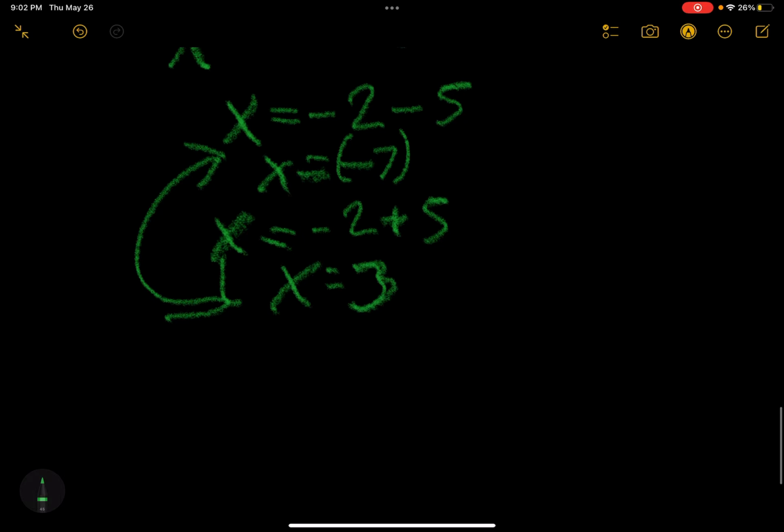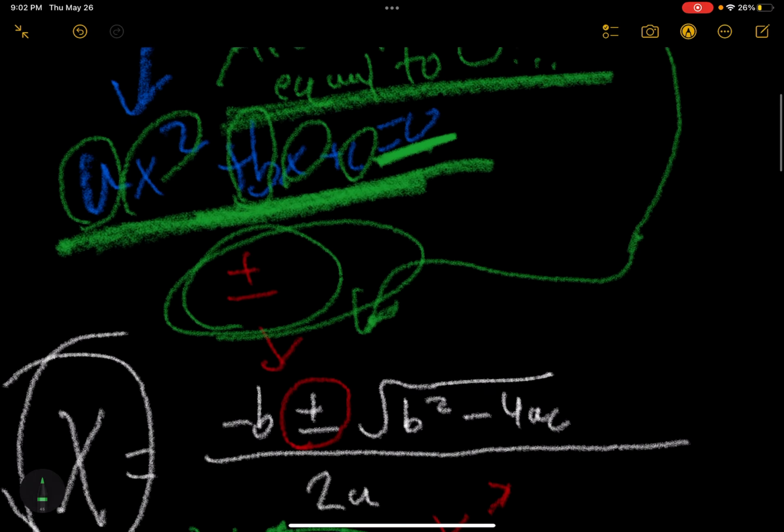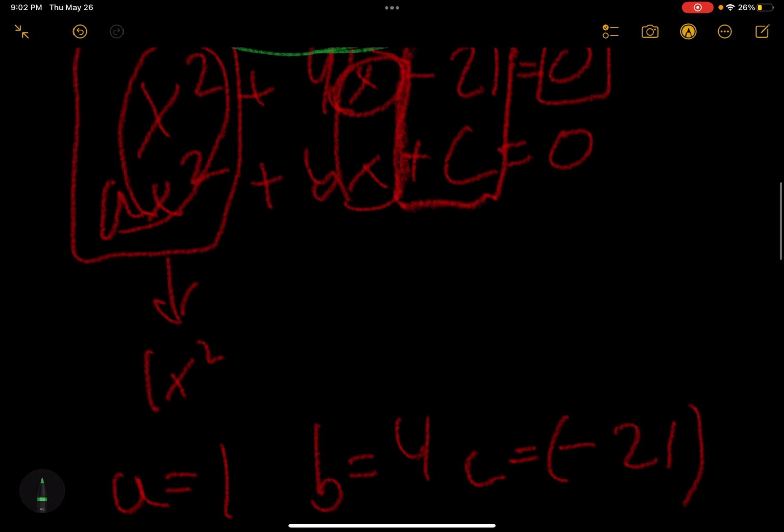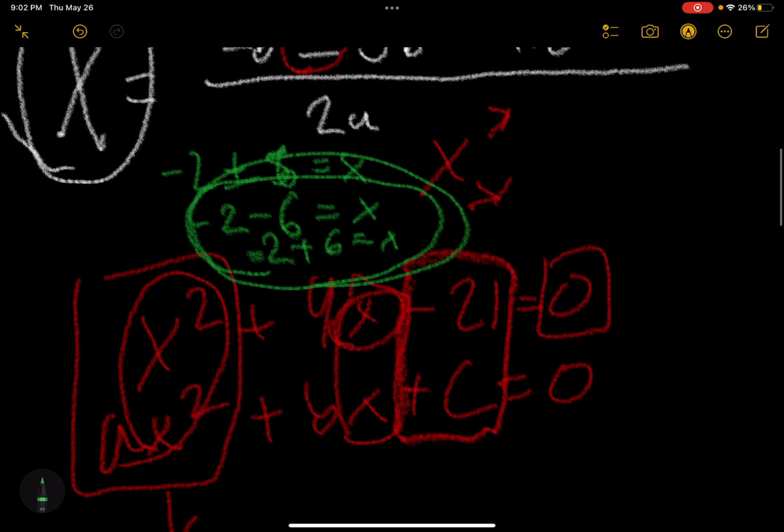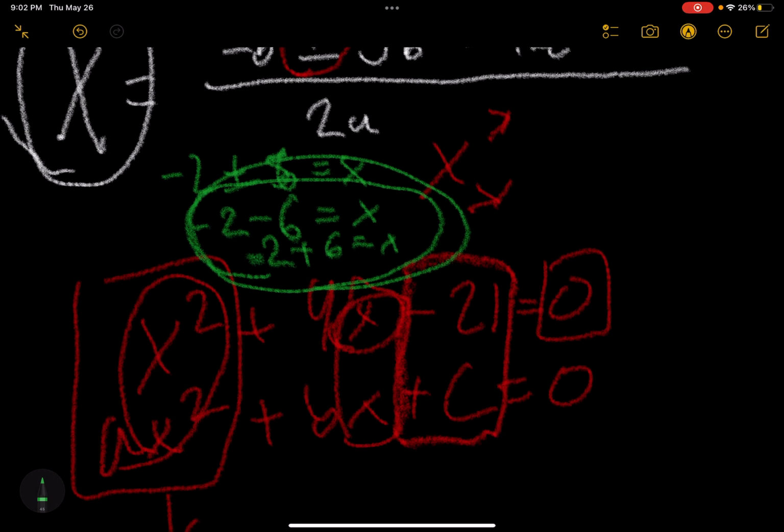So now if we plug negative 7 and 3 into this, x squared plus 4x minus 21, if you plug either of these 2 values, we would equal 0. And that right there is that.